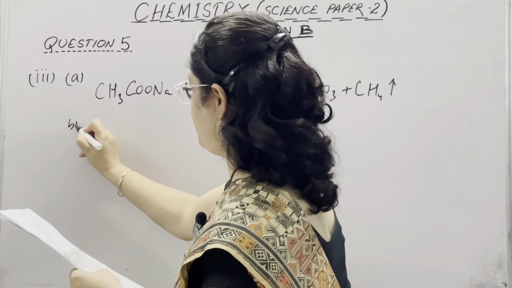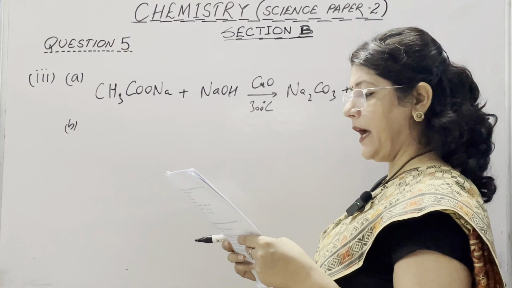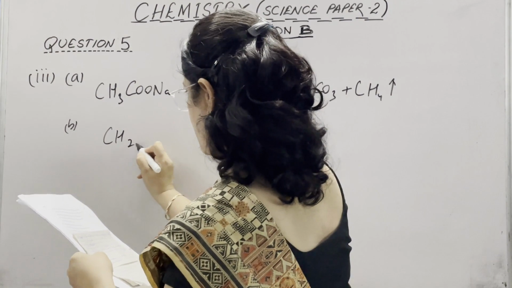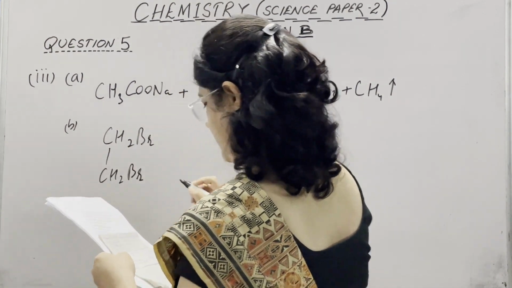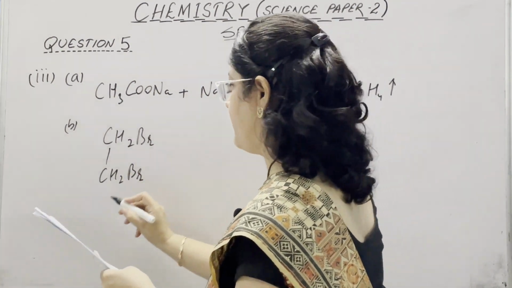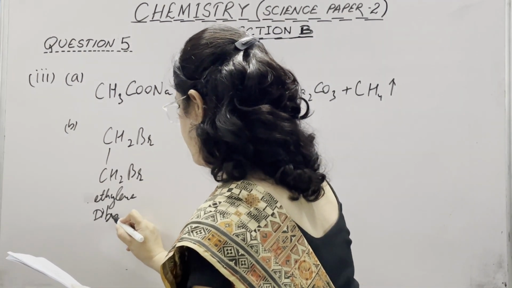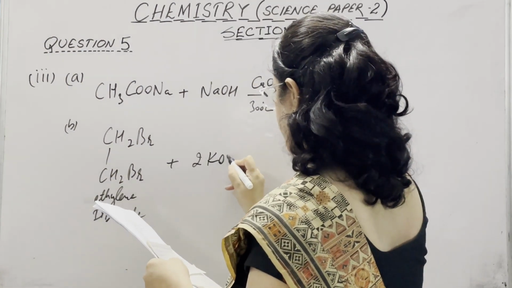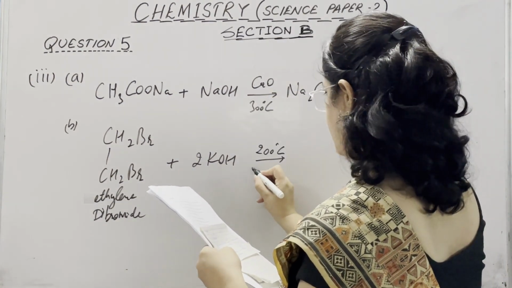In B part, preparation of ethane from 1,2-dibromoethane. So CH2Br along with CH2Br, 1,2-dibromoethane, or you can also write ethylene dibromide, plus 2 KOH at a temperature of 200 degrees Celsius.